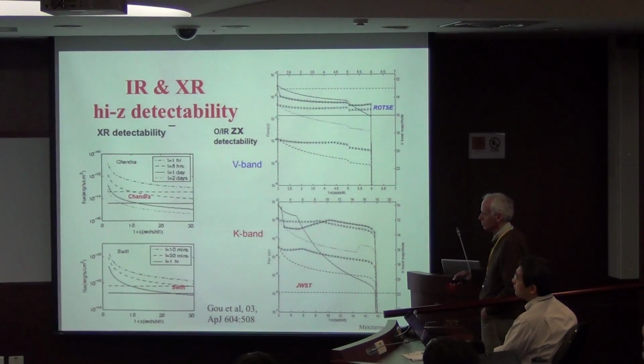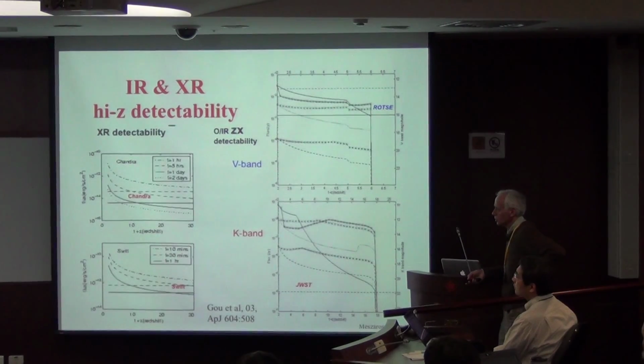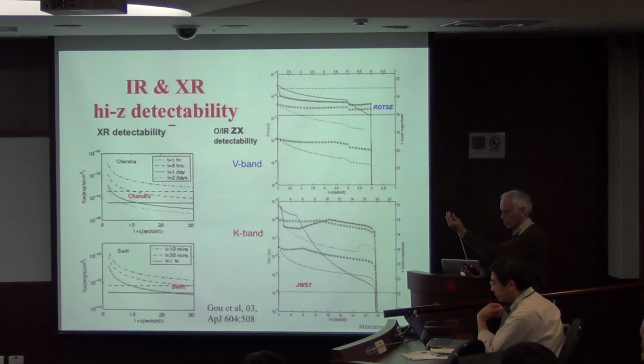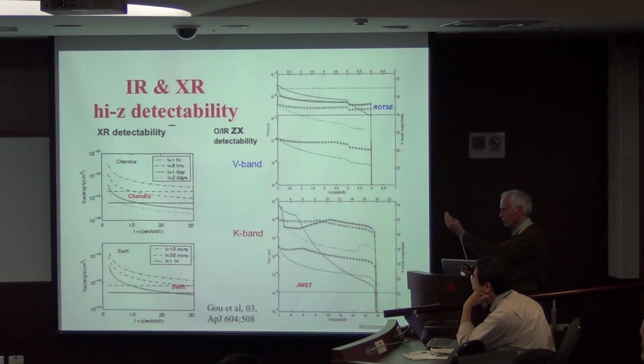Chandra goes deeper than Swift, so you can detect the X-ray emission up to redshifts of 20 or so. The problem is that we may be seeing an X-ray signal, but we don't have a signature telling us where it is. So just because we see an X-ray time-varying signal, there is no guarantee that it's a GRB, and there is no guarantee that it's nearby or that it's far.